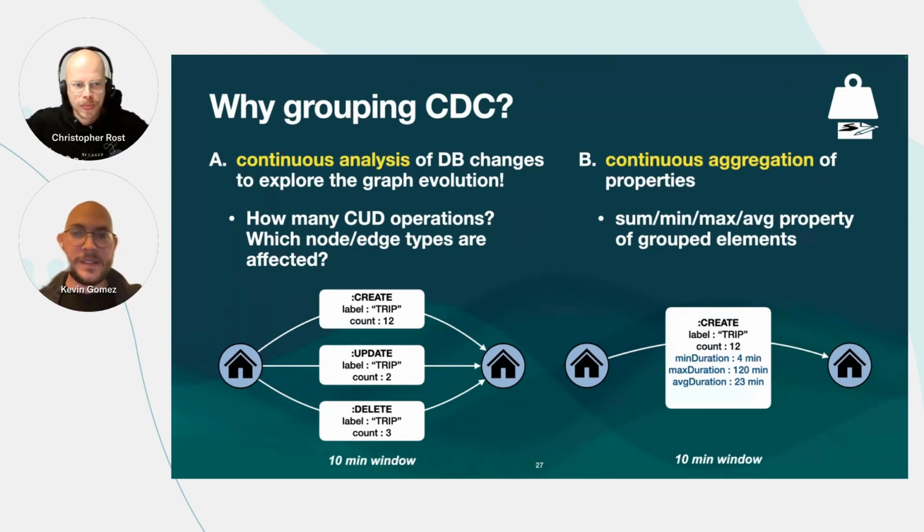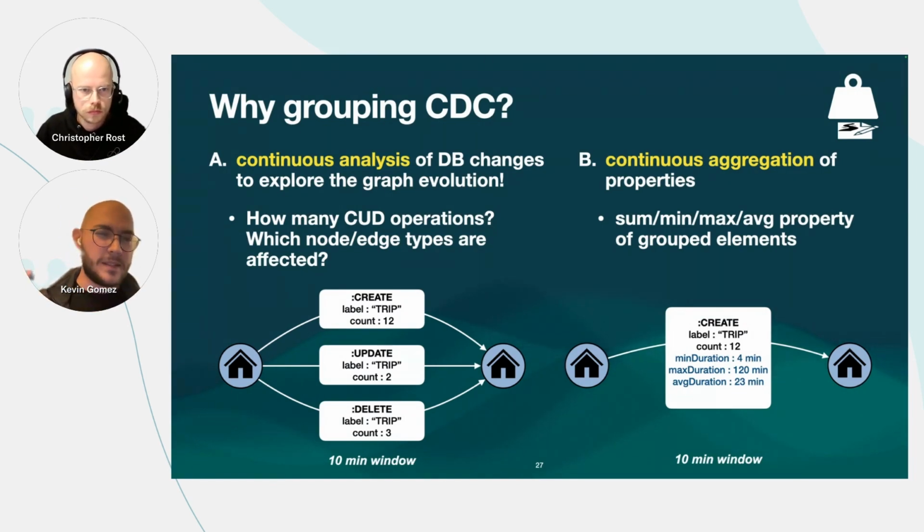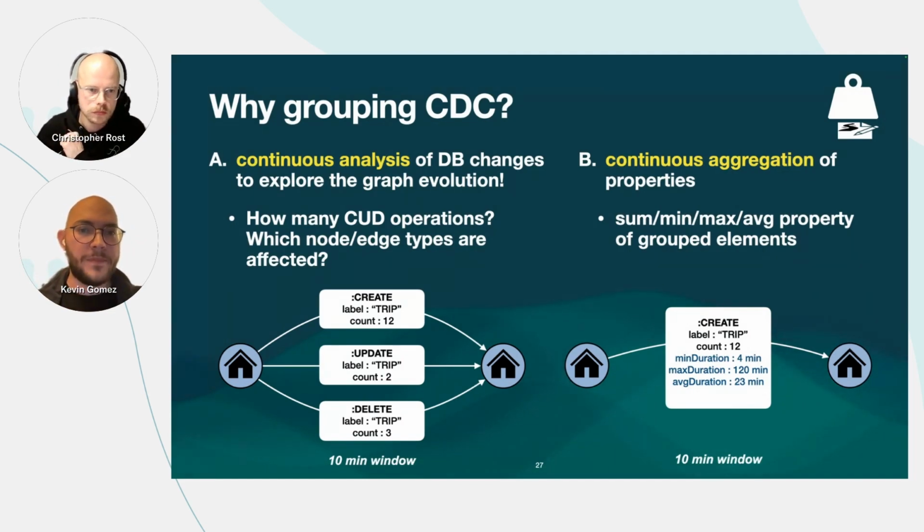Now we have the CDC, a powerful implementation in the Neo4j database. Now we are able to stream all this information out, and now we use external tools, maybe something we implemented with the graph stream zoomer, to analyze it. And this is exactly those two scenarios here. The left one is continuous analytics. That means based on the changes in your database, you are able to analyze and explore the graph evolution over time, right?